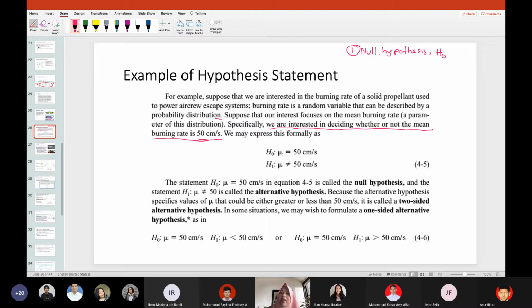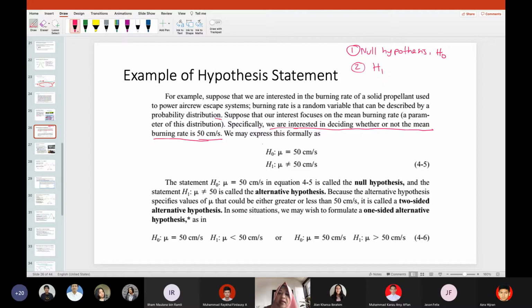And the second one is H1, the alternative hypothesis, which is based on this statement, berdasarkan pernyataan ini, what is not equal. In this case, we're interested in deciding whether or not the mean burning rate is 50 centimeters per second, sama atau tidak.